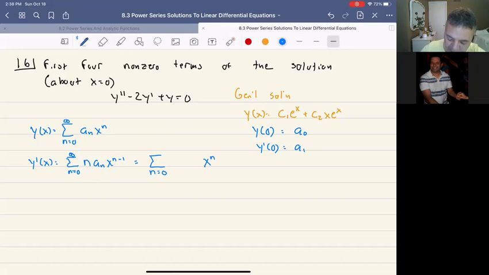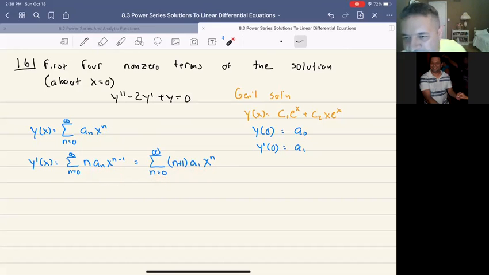So instead, I'm going to write this as n plus 1 times a sub n plus 1. And I just check that it matches. When n equals 0, I get 1 here, and a sub 1, and x to the 0. And it matches here. And once I match it at n equals 0, then it's going to match everywhere else. Okay? We'll do that a lot. Don't worry. We'll practice that.